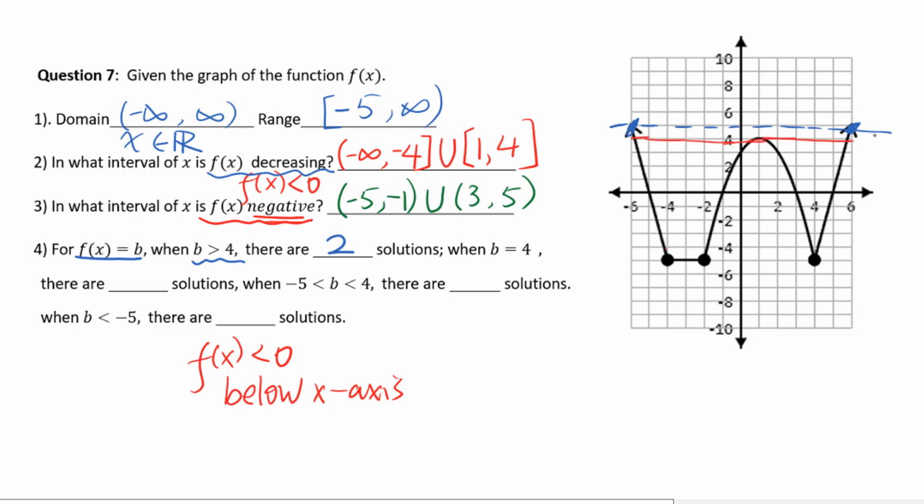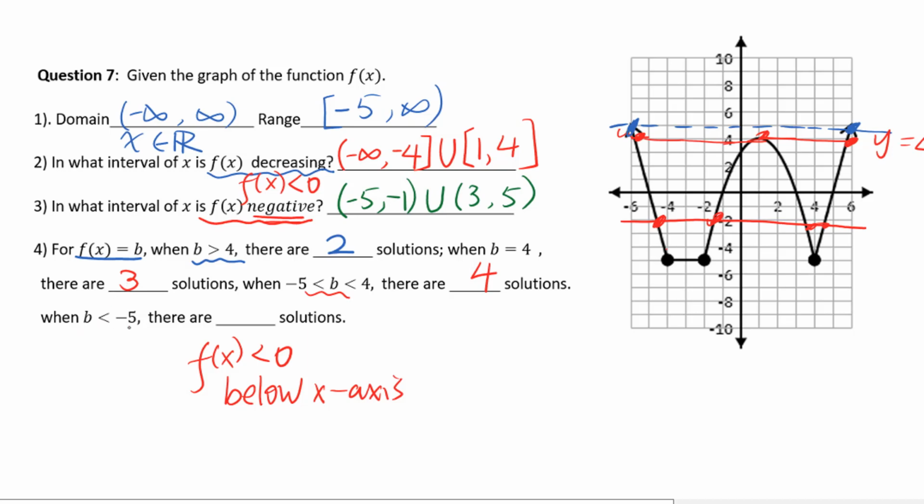This is y equals 4. Check how many intersections you have. You have 3. So there are 3 solutions. When b greater than -5 and less than 4, let's draw a line like that. Check how many intersections you have. 4. So we have 4 solutions.